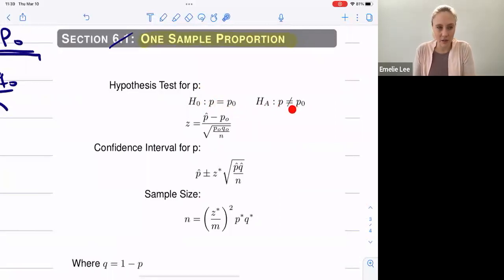It also gives me the Z, which is how you're going to calculate your test statistic. Whereas if you had to find the confidence interval, notice that the standard error is slightly different in each of these cases. And next week, we'll talk about the sample size calculation, so just ignore that for now.